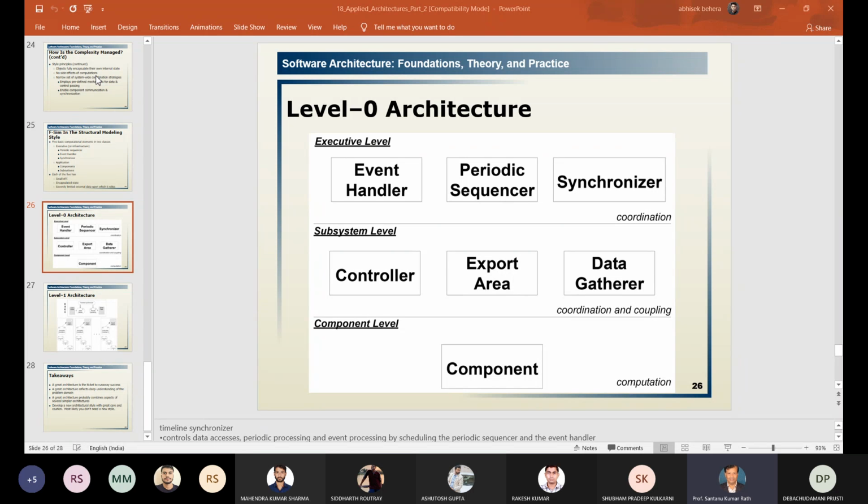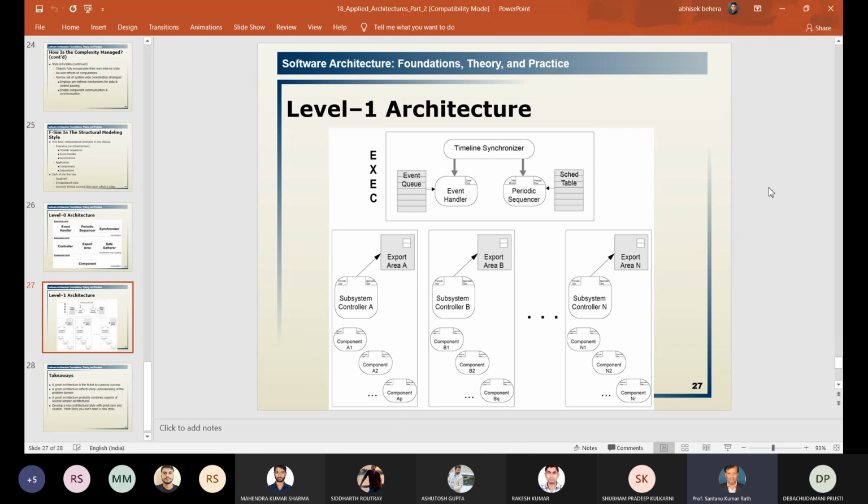Next slide, Deba. So always think in your assignment in this way: level 0, level 1, level 2, how you go into more detail in the next level, and the next level. A good architecture is one which combines more simple architectures.